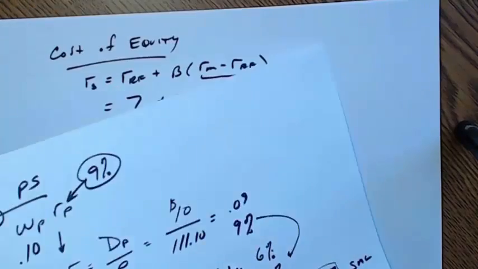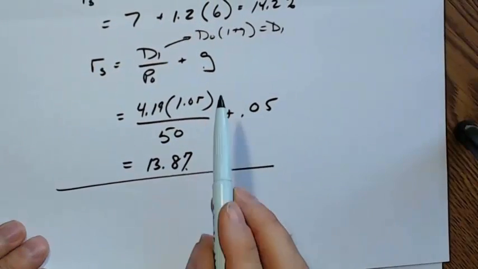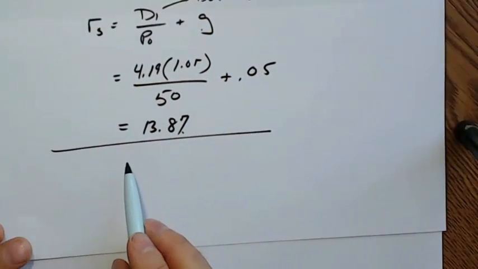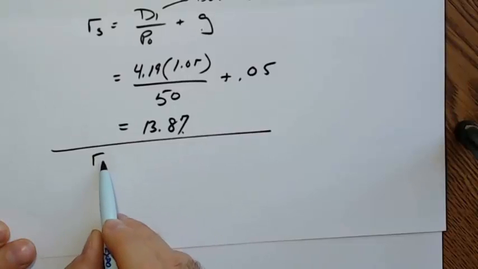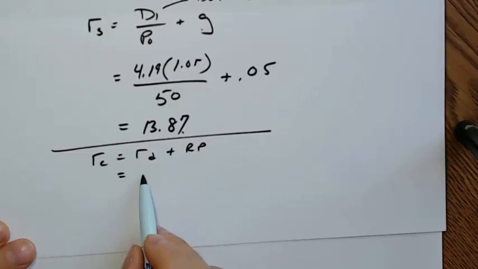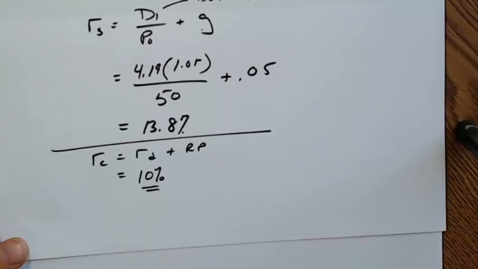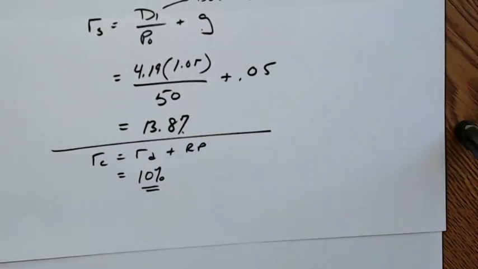Now, there's one more method for the common stock. Okay, and that is the bond yield plus risk premium method, and that's where RS equals RD plus the risk premium, and this RD was 10%. Okay, that was given to us. Oh, we calculated that.